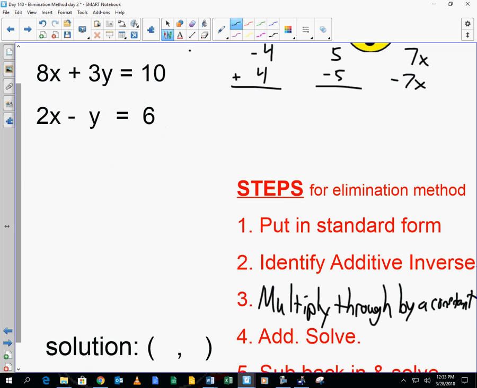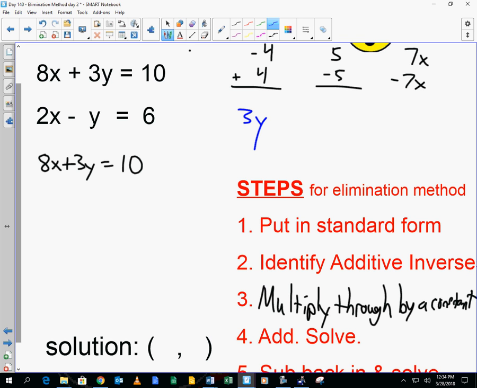So if you look at the very first equation, I'm going to keep that one alone. I'm going to keep 8x plus 3y is equal to 10. I'm okay with that problem. But wouldn't you agree that if I, instead of having a negative y, suppose I had a negative, what do I want here to create an additive inverse?